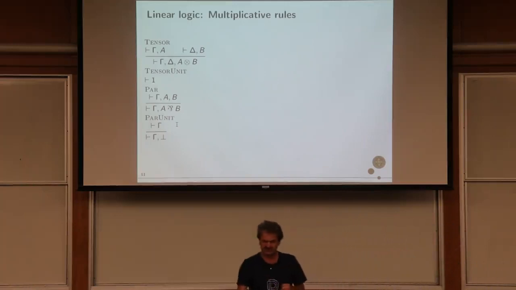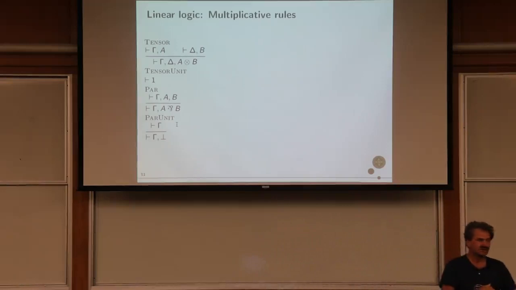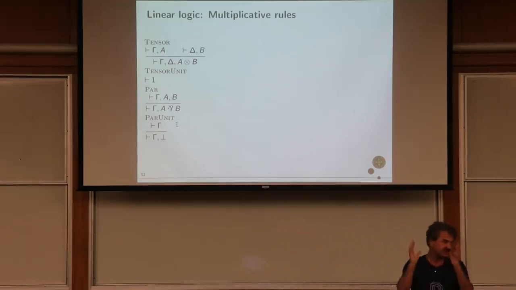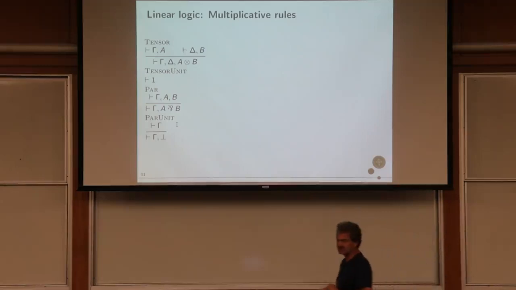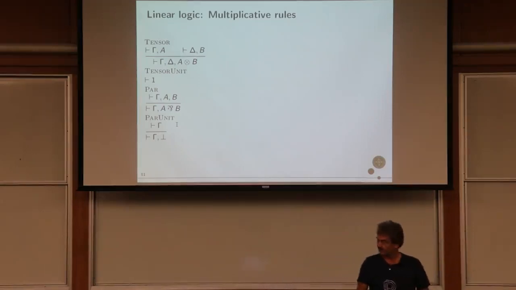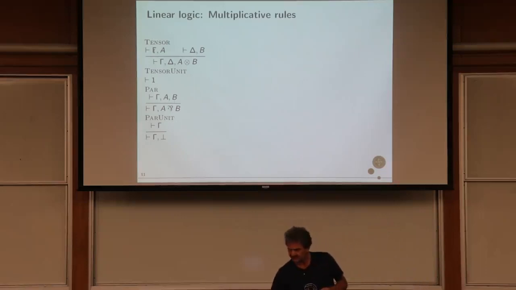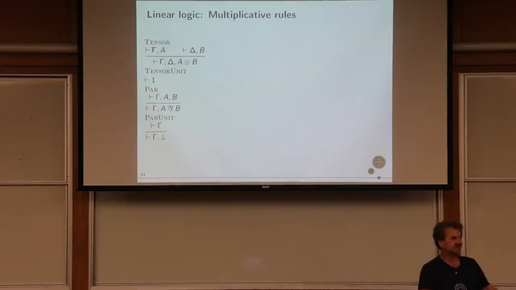So if you have produced an A from gamma, and you've produced a B from delta, two different alternatives, then you get gamma or delta holding, and the conjunction of A and B. If you move them to the left-hand side, they become conjunctions and negations of that.